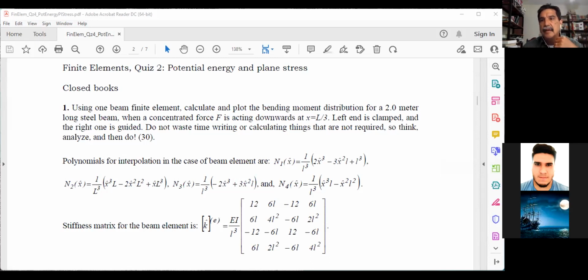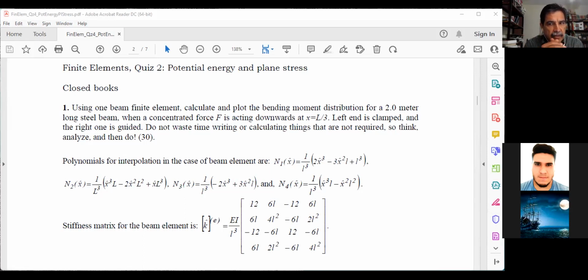Not only deduce an expression, but also plot the distribution of bending moment of a beam, one single beam, with a concentrated force. Okay.